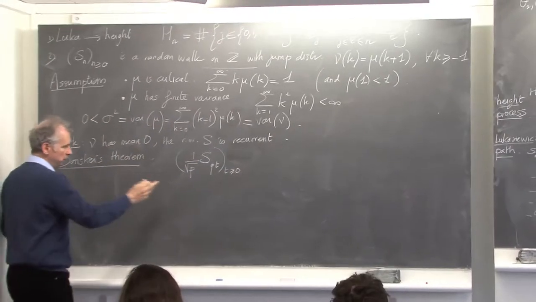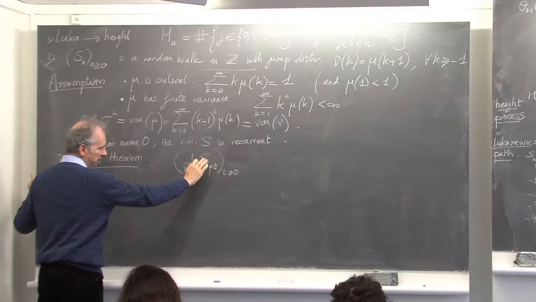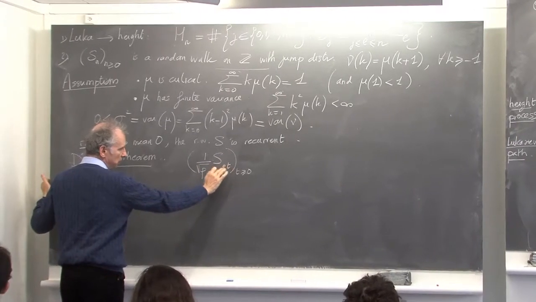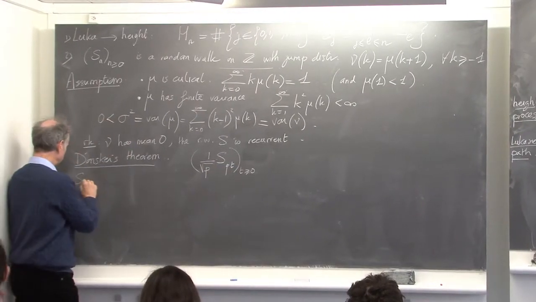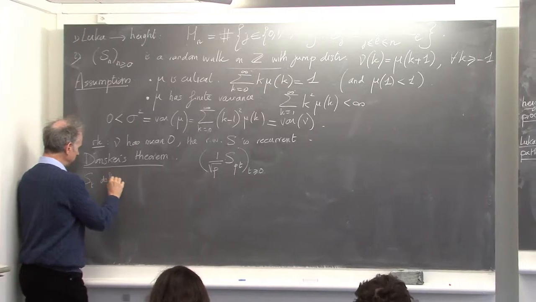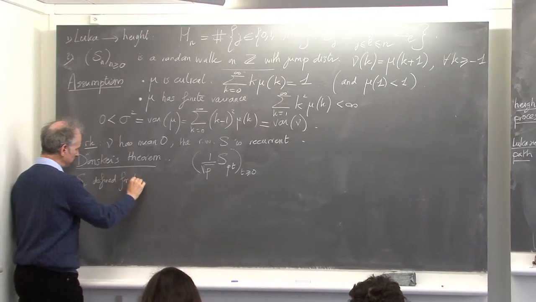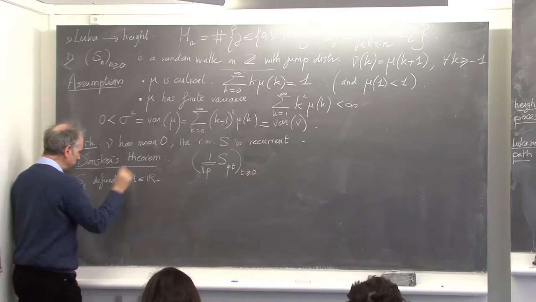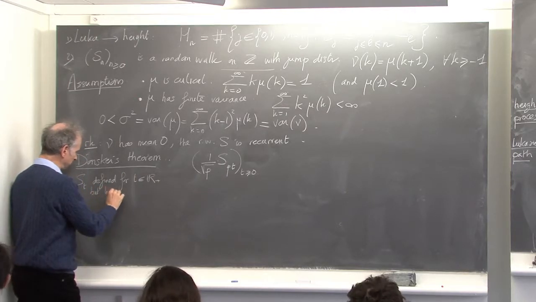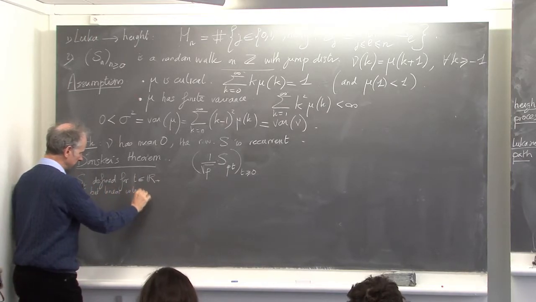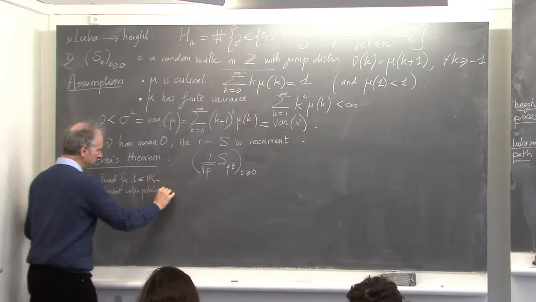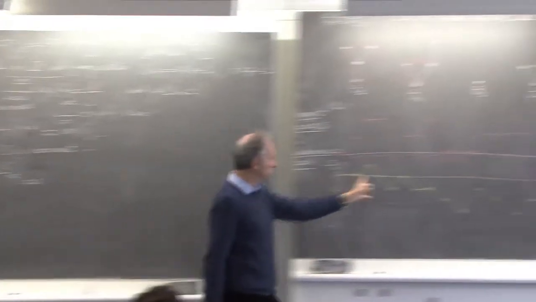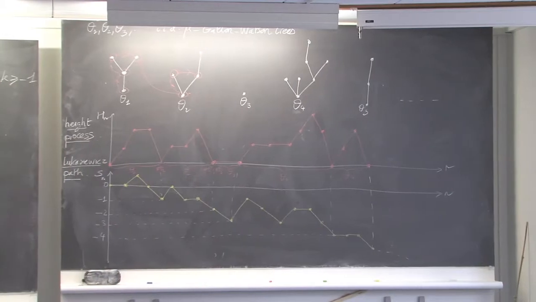Here I have to make a remark. Here I look at capital S at real times, so I need to define S of t for t real. I can do it, for instance, by linear interpolation. In fact, this is what I'm doing here. If you look at the yellow curve, it's precisely this linear interpolation.